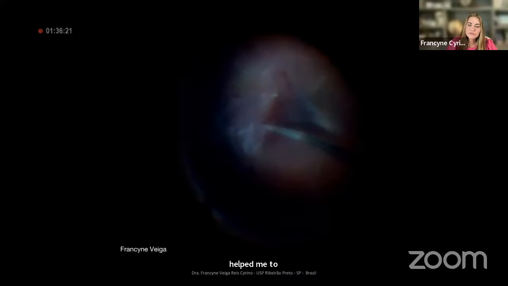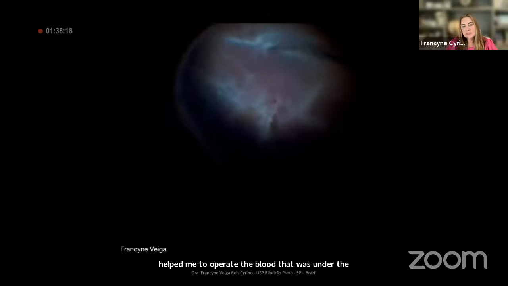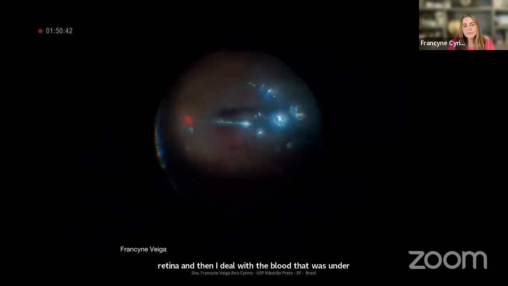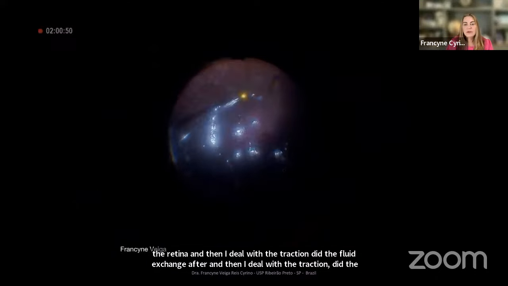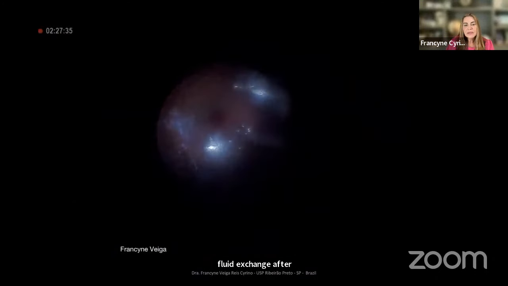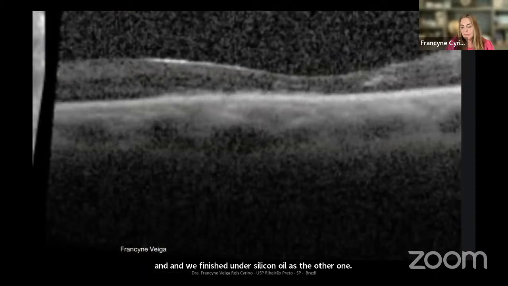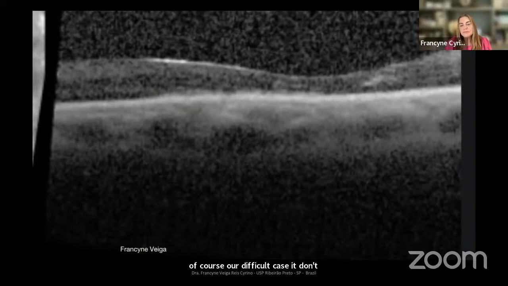And then I dealt with the traction, did the fluid exchange after, and the laser, and we finished under silicone oil as the other one. I really like to use silicone oil in those cases because, of course, they are difficult cases, and you don't know if you can remove the silicone oil after.